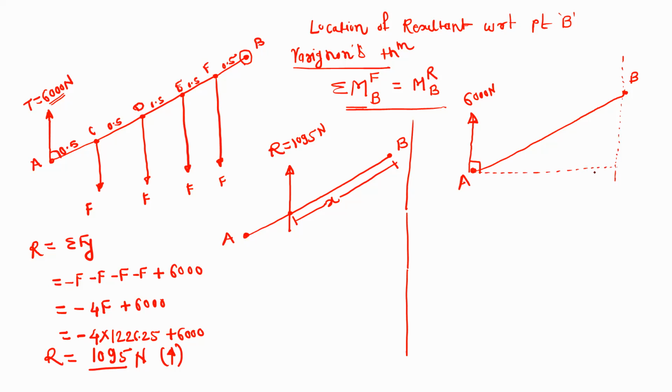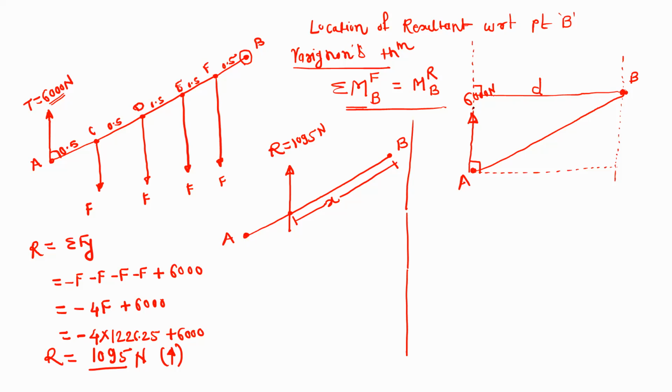That distance must be perpendicular to the force direction with respect to point B. Or even if I extend this line of action of the force, and if I draw the perpendicular from point B on this line of action, this distance we can call a perpendicular distance. So let us assume this distance as a distance D.